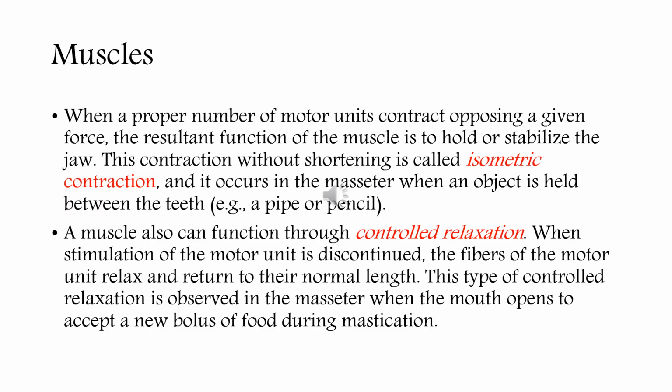Try to open your mouth and feel the masseter muscle. The masseter muscle will be relaxed, so the mandible can drop. Otherwise, the mandible won't drop. Okay, so these are the three types of contractions that happen in the muscles of mastication. And without understanding all the three contraction types, you won't be able to understand how this system operates.